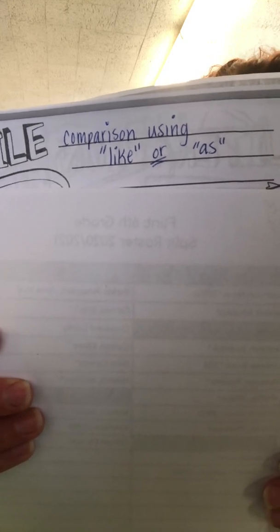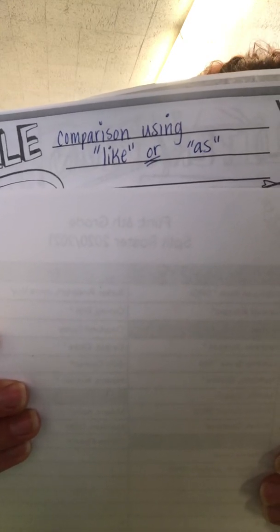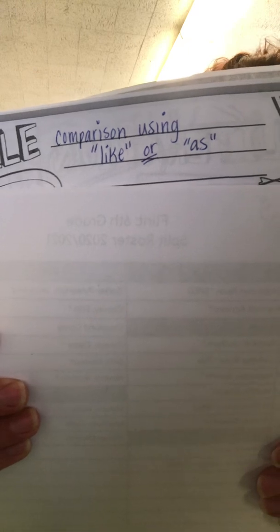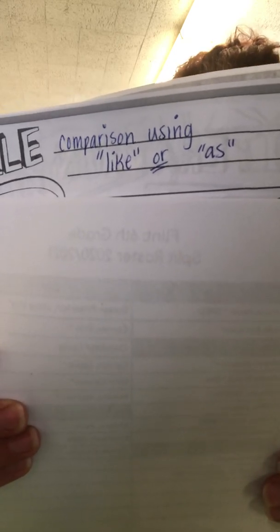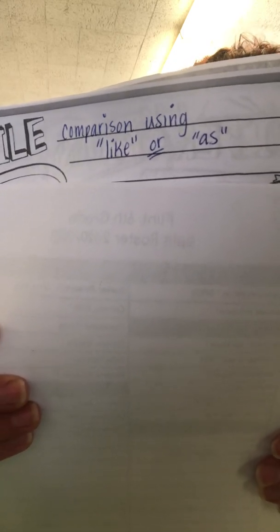Make sure that you get that definition down. Like and as. If you see something being compared to another thing and they use like or as, ding ding, your brain will know must be a simile, okay?